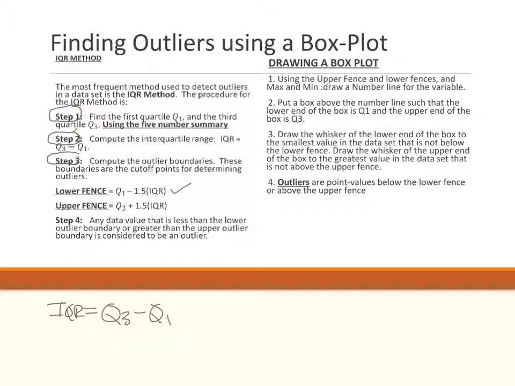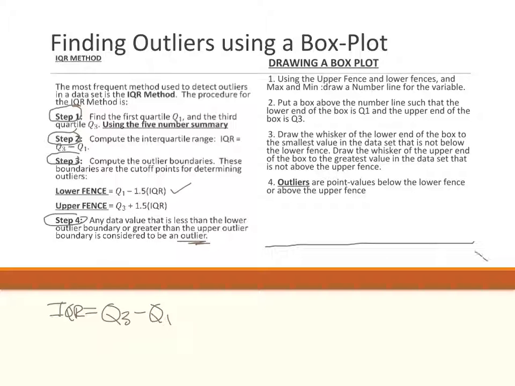Step number 4 is that once we have the upper and lower fence, we can identify values that are either lower or higher than the fence, and these will be considered outliers. So in drawing a box plot, we're going to use the upper and lower fences and the maximum and minimum values to draw a number line for the variable.